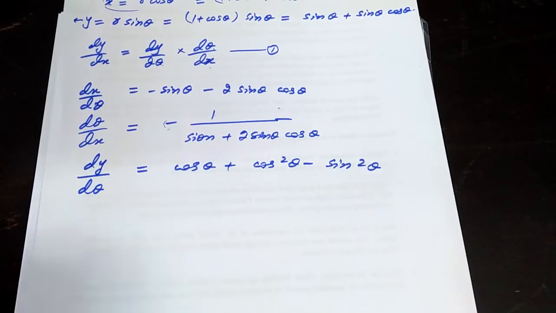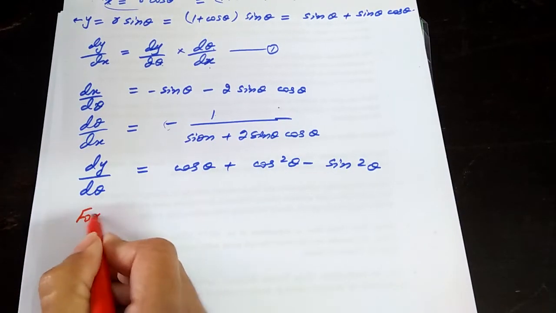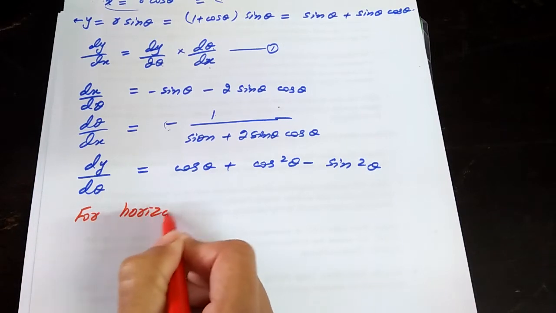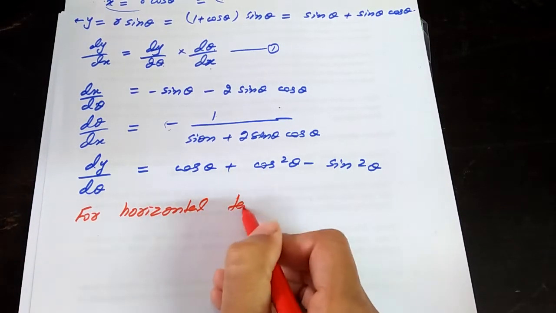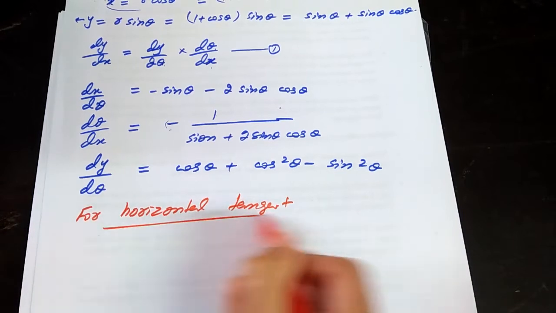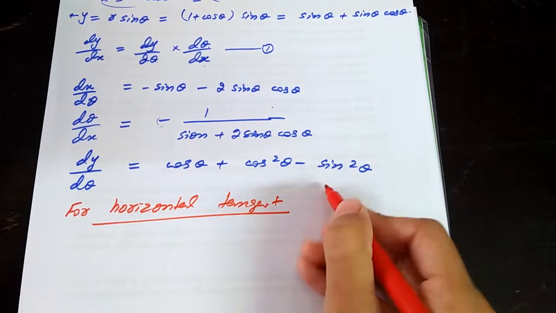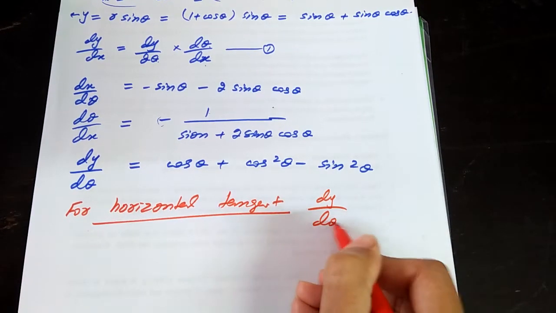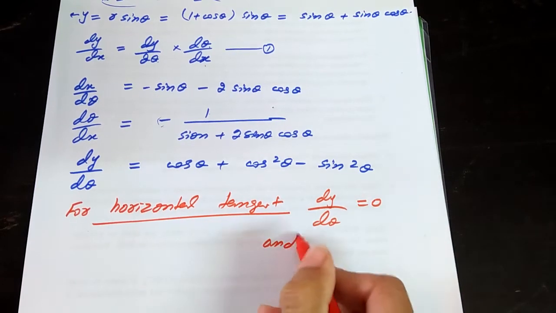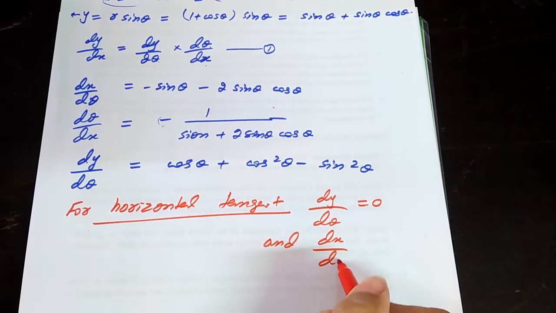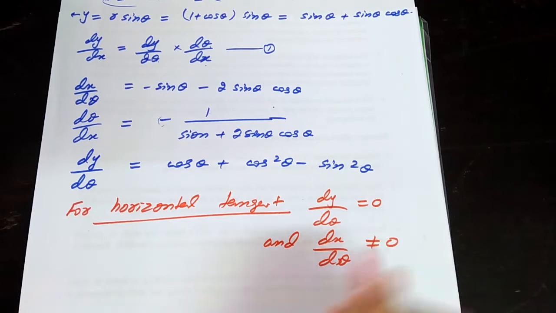First of all, for horizontal tangent, we know that dy by d theta equals 0, and dx by d theta cannot equal 0.